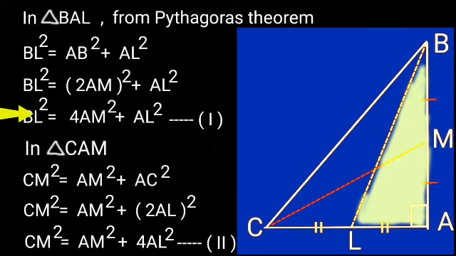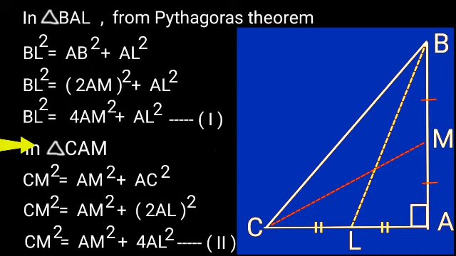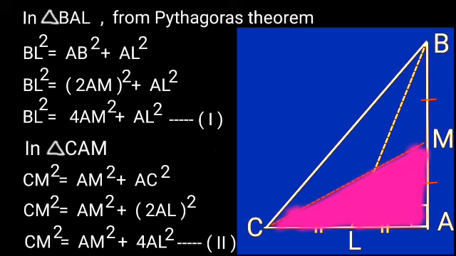In triangle CAM, by Pythagoras theorem, CM square is equal to AM square plus AC square. Next, CM square is equal to AM square plus, instead of AC, twice AL, because L is a midpoint of AC.